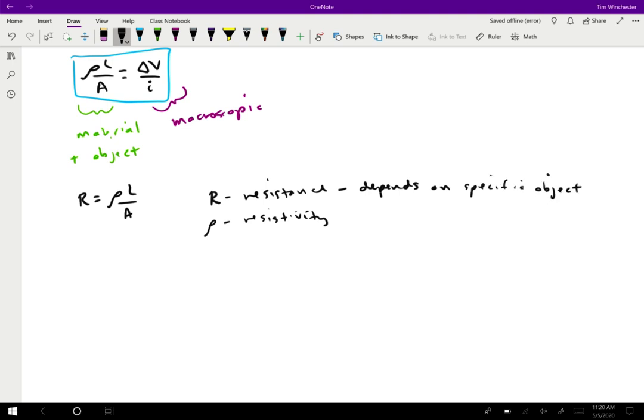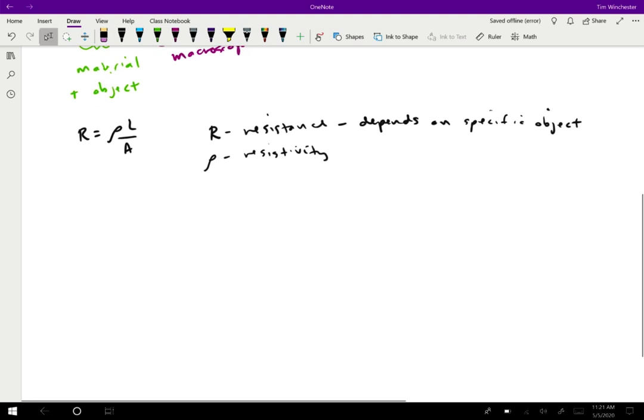We will return to that later, but for now, you should think of resistance as corresponding to a specific thing. It isn't a general fact of nature. You can't go on the internet and look up the resistance of a material, but you can look up the resistivity.